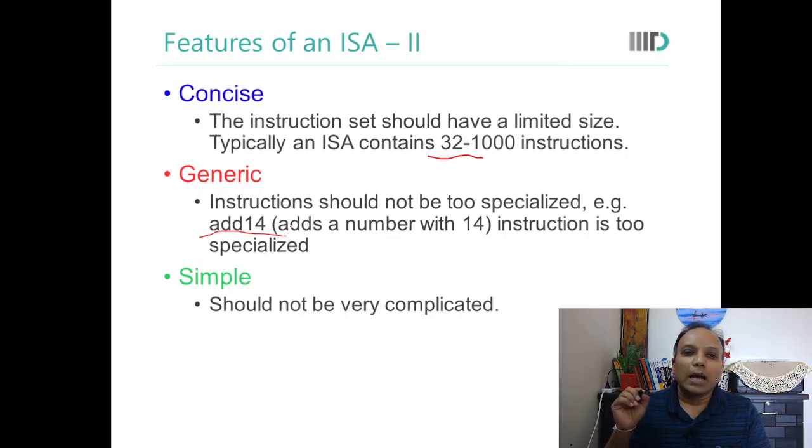Also, the ISA should be simple, and this is very important, because if you have a complicated ISA, your organization or microarchitecture becomes very difficult.